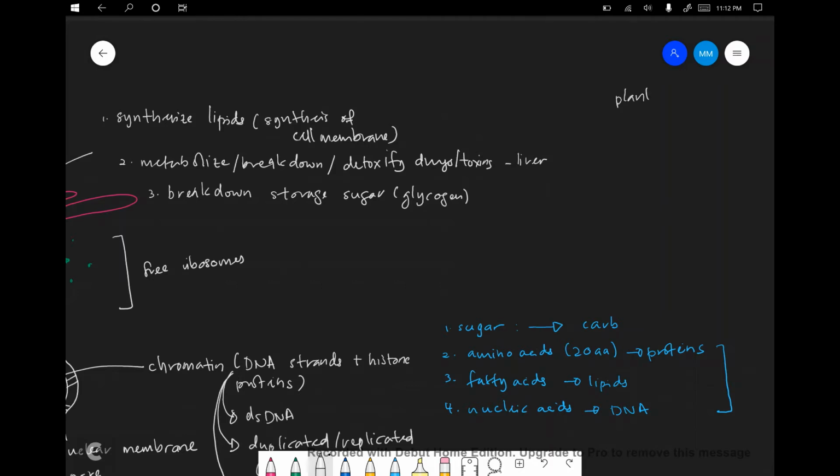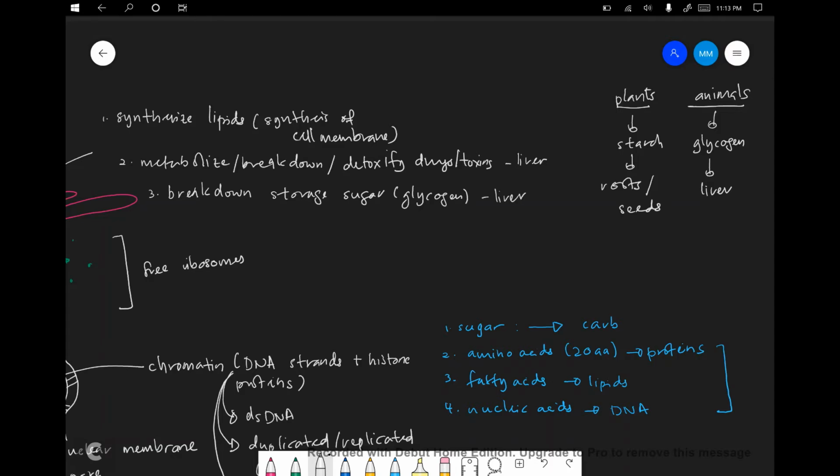We have our plants and we have our animal cells. Excess sugar in plants will be stored as starch, perhaps in the roots or in the seeds. Whereas in animals, excess sugar will be stored as glycogen. And where will this glycogen be stored? It will be stored in the liver. So it matches now.